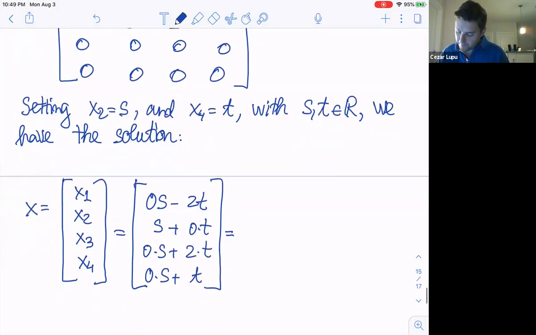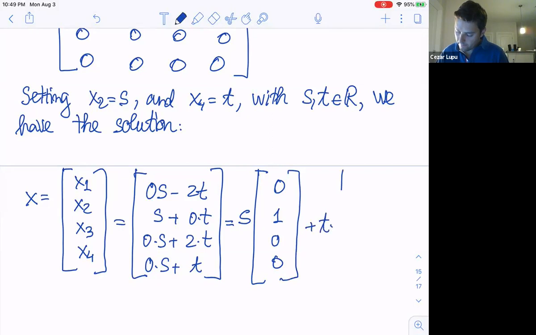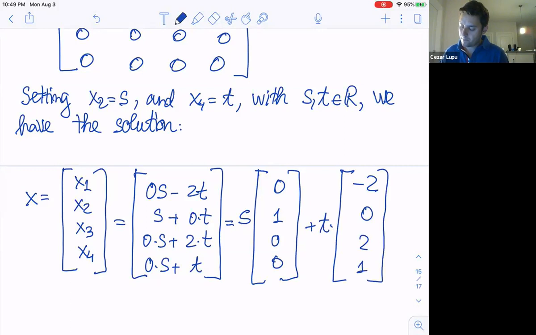And if we factor, we see that this is s times 0, 1, 0, 0, plus t times negative 2, 0, 2, and 1. Okay.